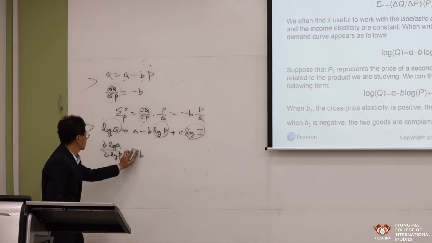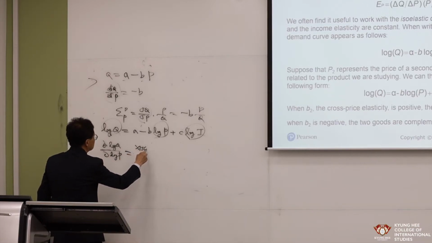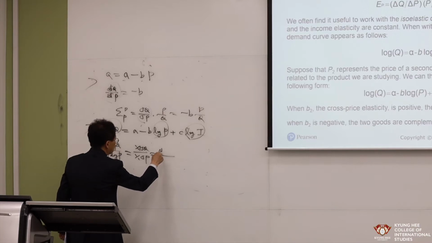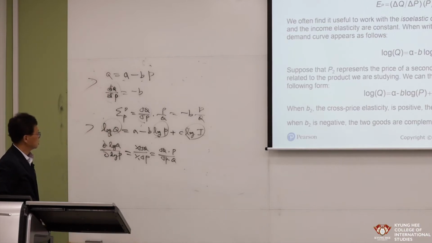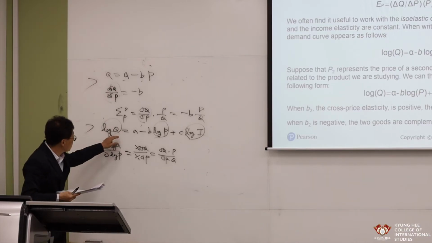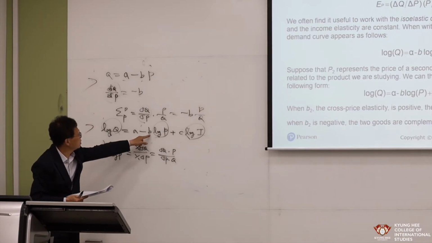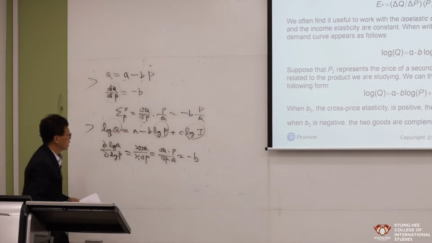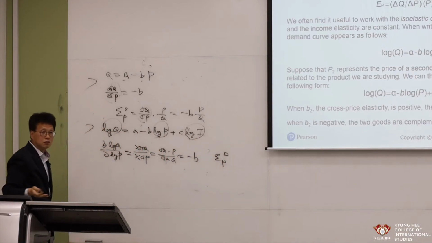Because this one is equal to the percentage change in Q over the percentage change in price, right? This one is the change in Q over the change in price times P over Q, like this, right? If we use logarithm when estimating the demand curve, then minus B is just the price elasticity of demand, right?